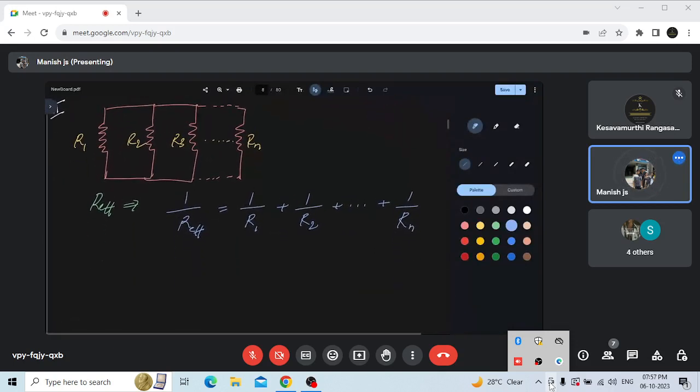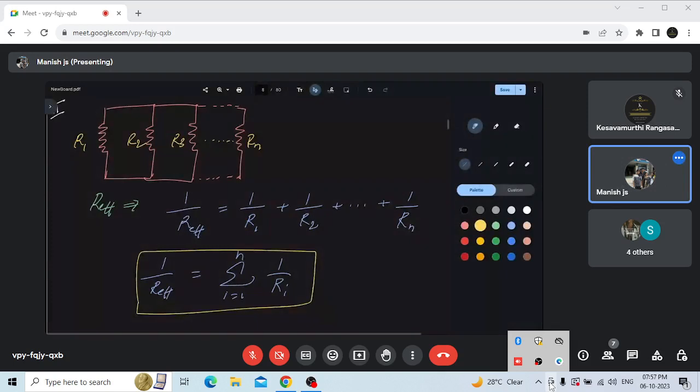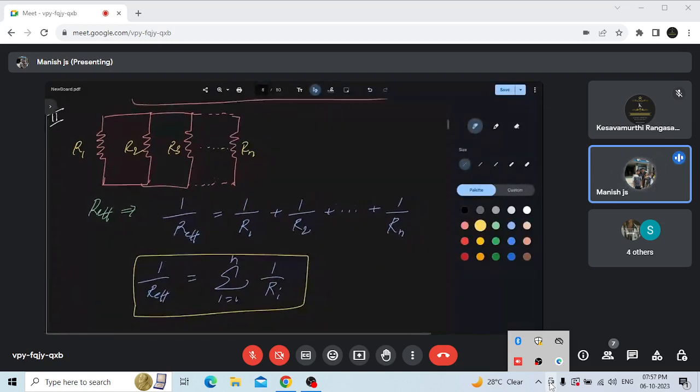So how do we write this in summation? 1 by R effective can be written as sigma i equals 1 to n of 1 upon Ri. This is the formula, children, for effective combination of resistors.